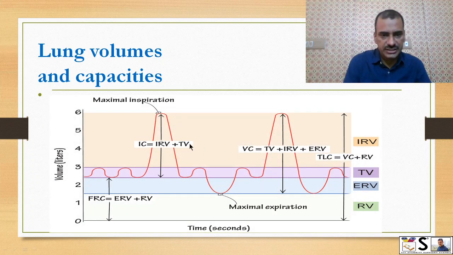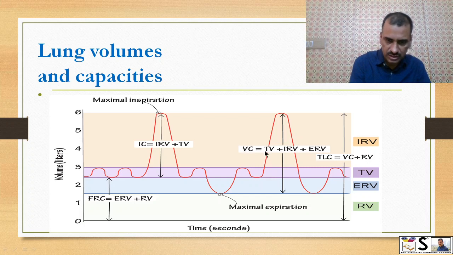Here you can understand this by this diagram. This is a graphical representation of lung volumes and capacity. This is tidal volume. This is inspiratory capacity, which includes tidal volume plus inspiratory reserve volume. Then there is maximal expiration.